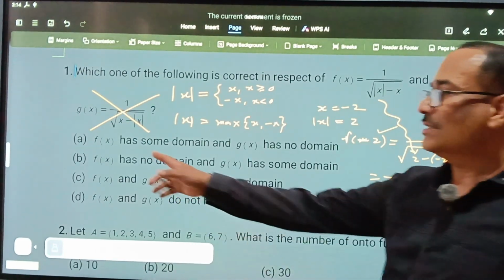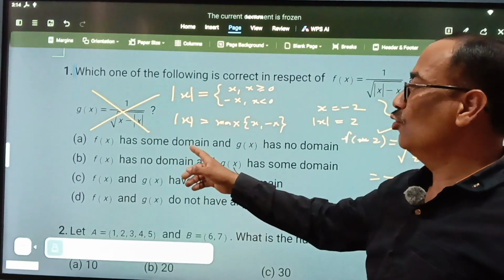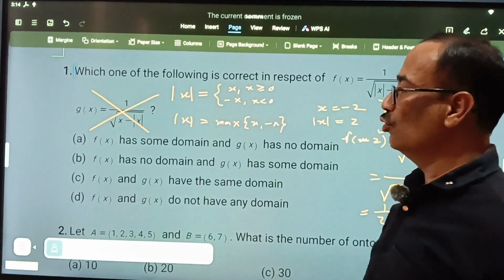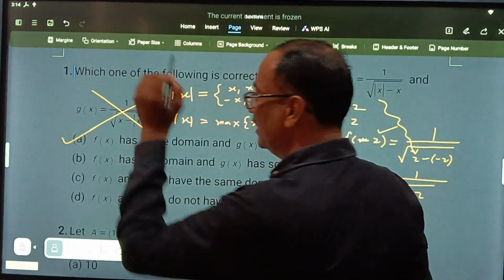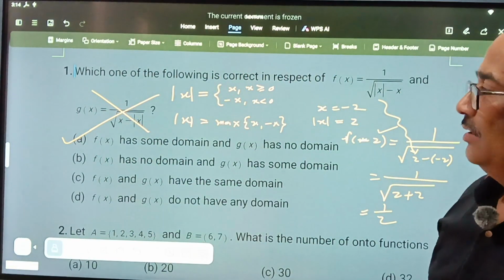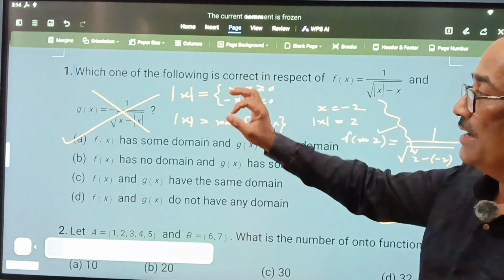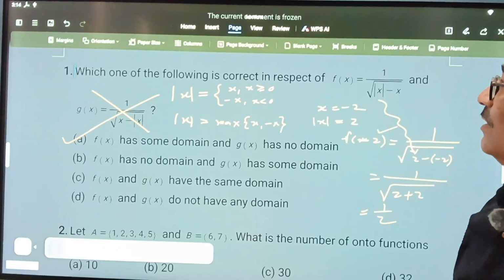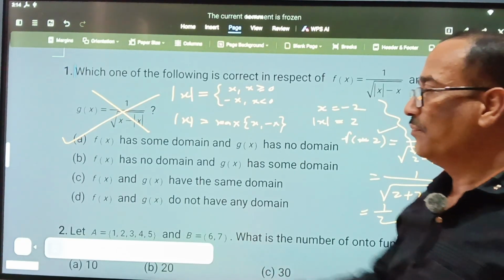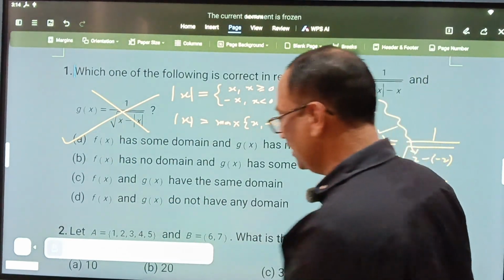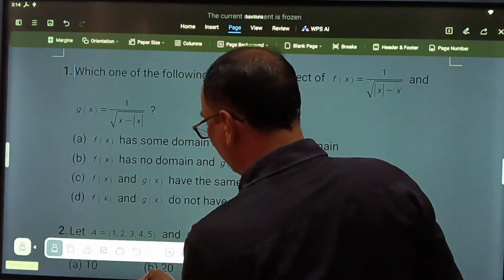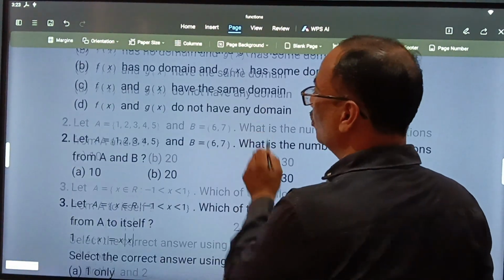So we say f(x) has some domain but g(x) has no domain, hence the correct option is A. By the definition of modulus function, reciprocal function and square root function, the correct option is first. Got it, bache? Next question we can take here for you.